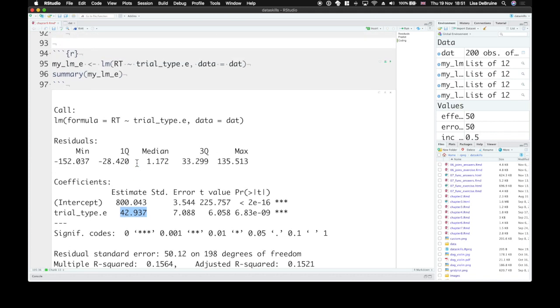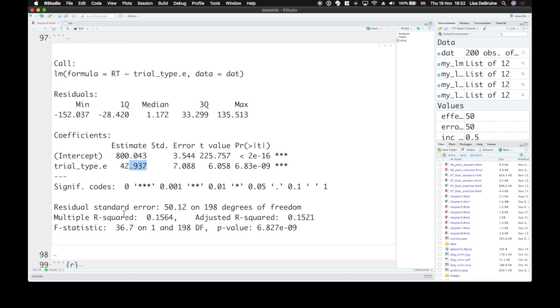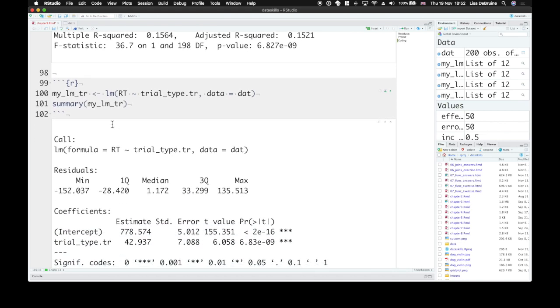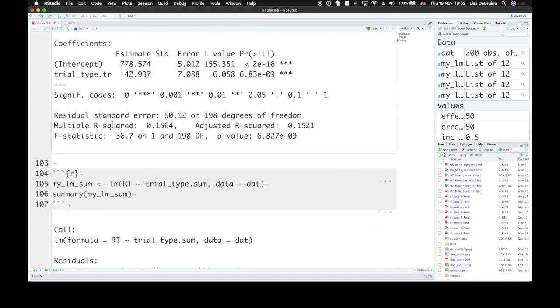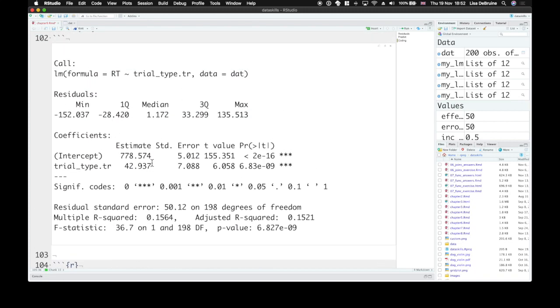So, to recap, when you effect code things with positive and negative 0.5, if it's a 2-category factor, your intercept represents the grand mean, and the effect represents the size of the difference between your 2 categories. If you treatment code something with 0 and 1, your intercept represents the mean for the 0-coded category, and then you add on the effect to that intercept to get the mean for the other category.